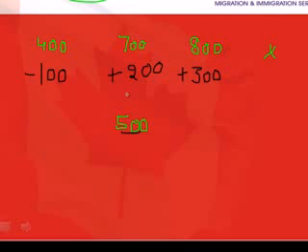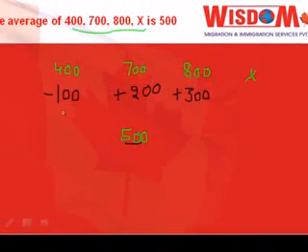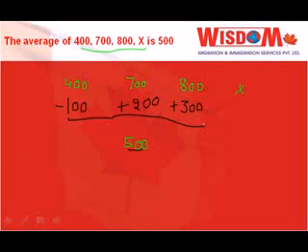By adding all the deviations, we get 300 plus 200 minus 100. So if we add all these numbers, we get a positive 400. Since these three numbers are giving a deviation of positive 400, in order for the deviation to be 0, this x here should give a deviation of negative 400, so that the sum of deviations becomes 0.